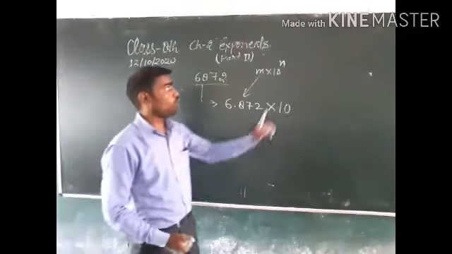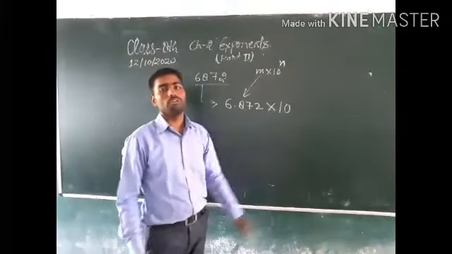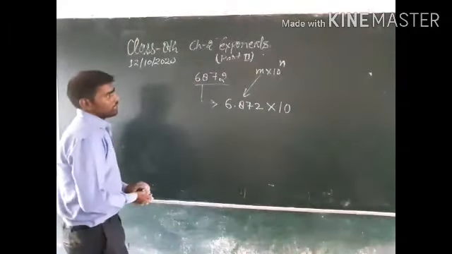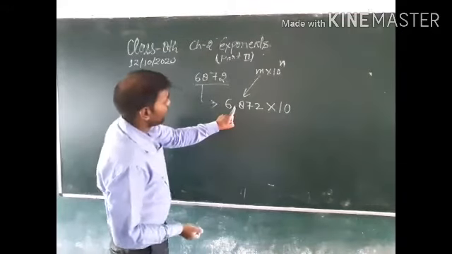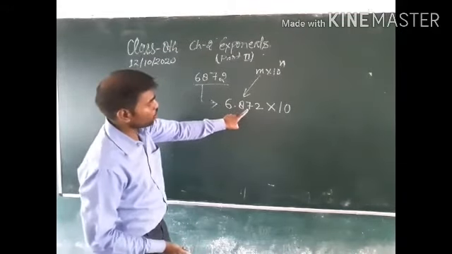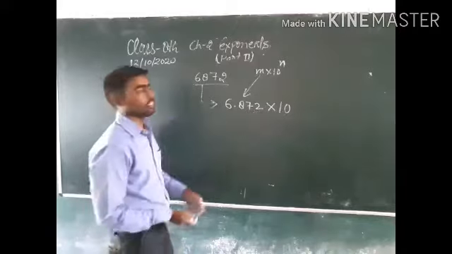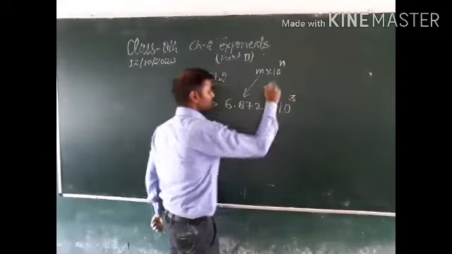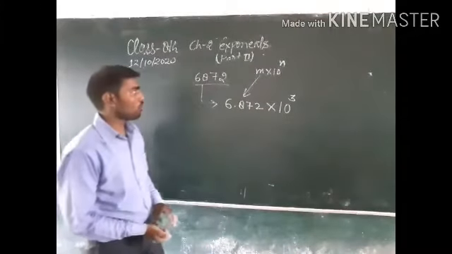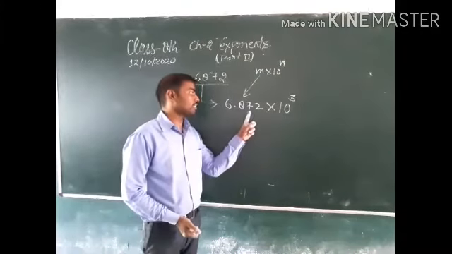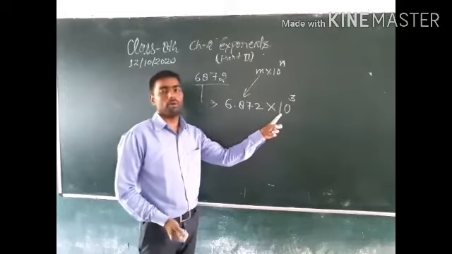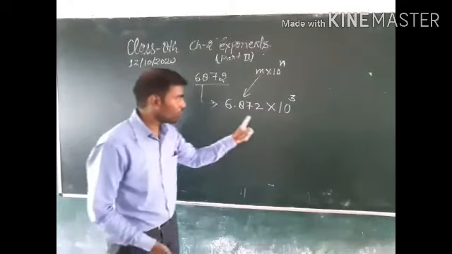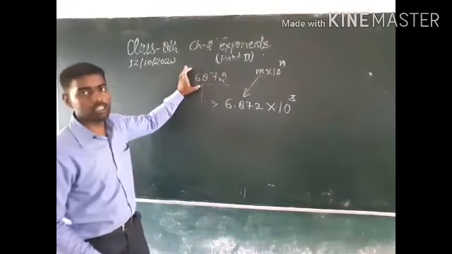What is the value of n? This decimal part is 1 place, 2 place, and 3 place. So the value of n is positive 3, because 6.872 into 10 to the power 3 is the standard form of this given number.